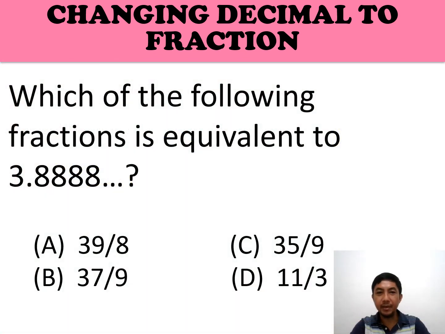Okay, so let us try to have another example, changing decimal to fraction. The problem is, which of the following fractions is equivalent to 3.888? So A, 39 over 8, B, 37 over 9, C, 35 over 9, and D, 11 over 3. Timer starts now.